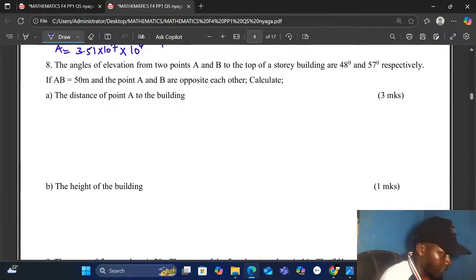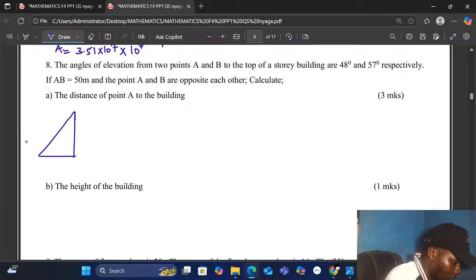Now we can have a sketch of the two. They are saying we have point A. So we can have this. So this is where point A is. And the angle of elevation here is 48 degrees.